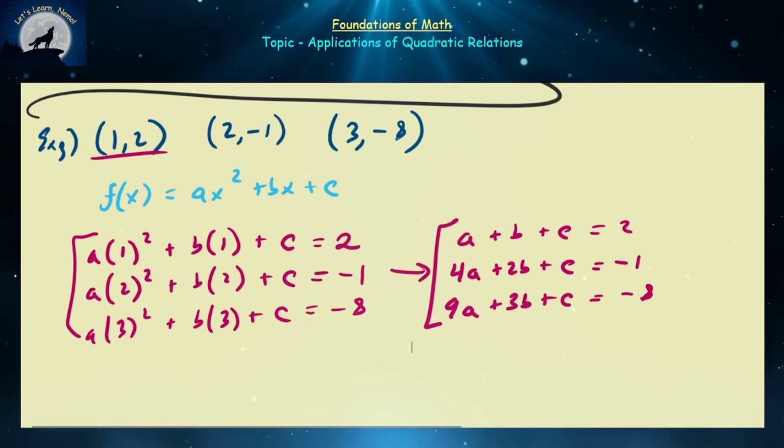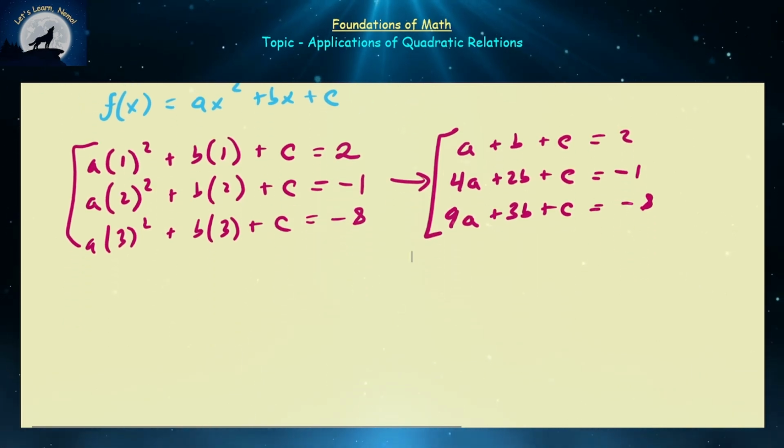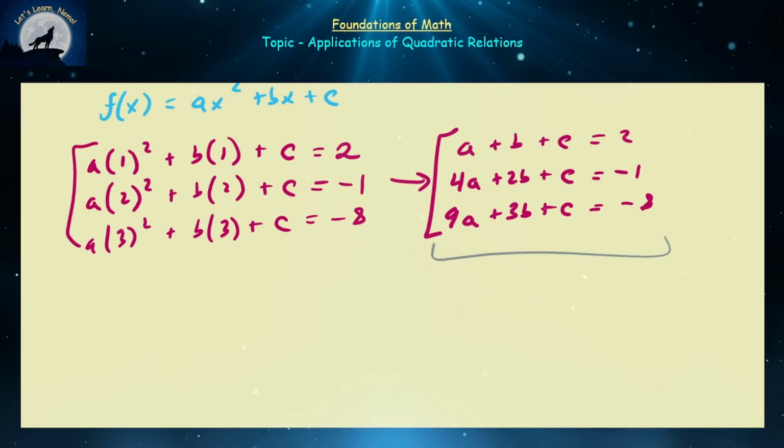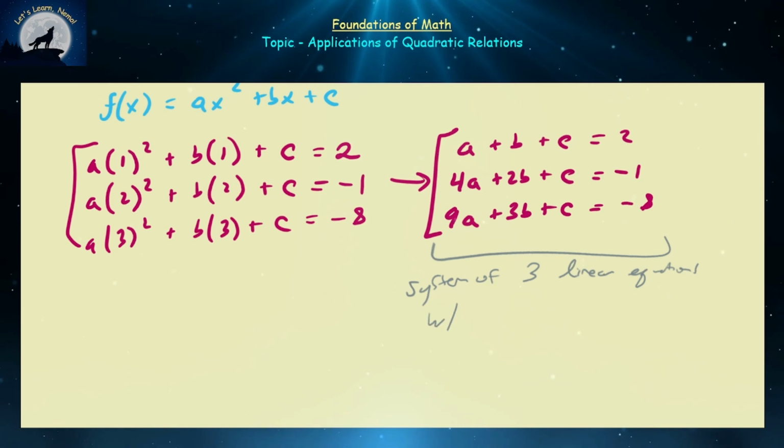So what exactly have we built here from these 3 points? What we have here is a system of 3 linear equations with 3 unknowns, and those unknowns are a, b, and c that we're aiming for.